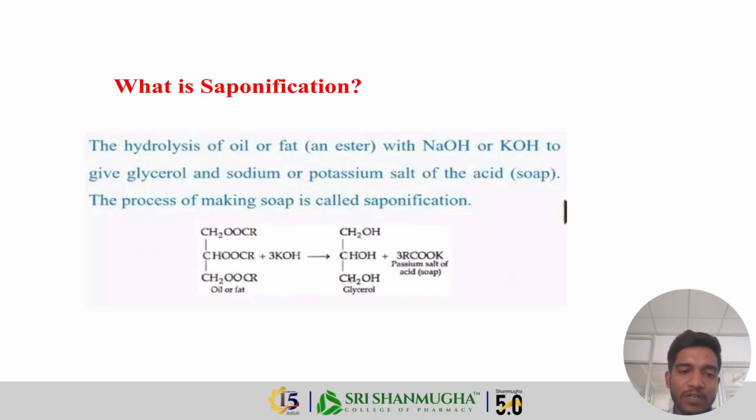Next one, saponification. What is saponification? The hydrolysis of oil or fat with sodium hydroxide or potassium hydroxide to give glycerol and sodium or potassium salt of acid, like soaps.